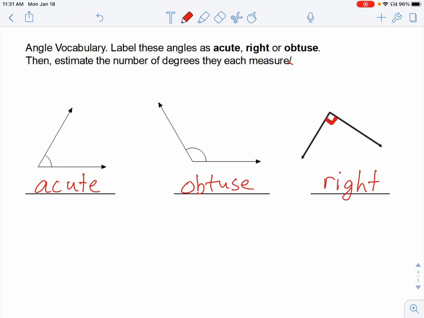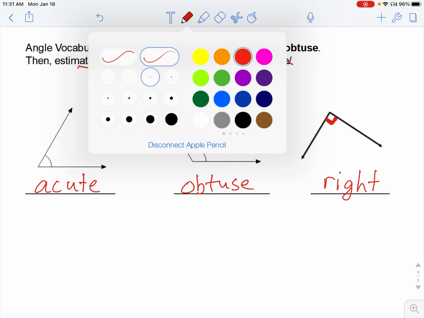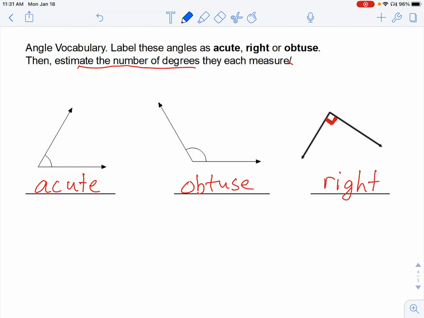Okay, so now on to the fun part. Estimate the number of degrees. Doing this reminds me of when we used to use benchmark fractions, benchmarks to compare fractions, right? And we would look at 0, 1/2, and a whole to help us. Well, I'm going to use benchmark angles, right?